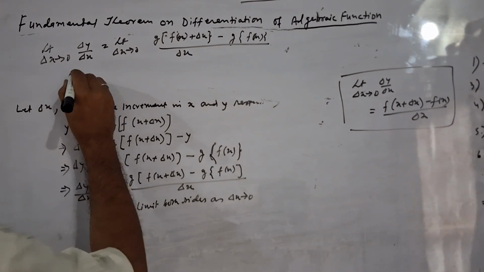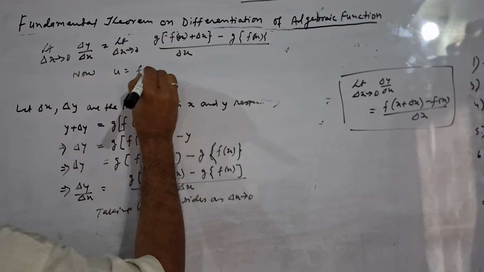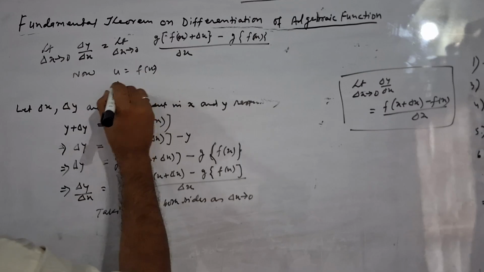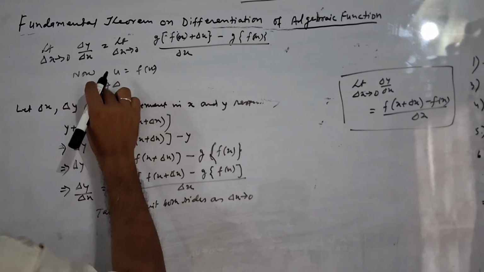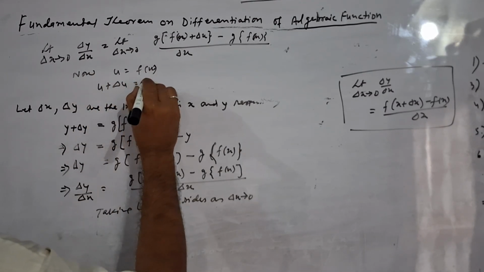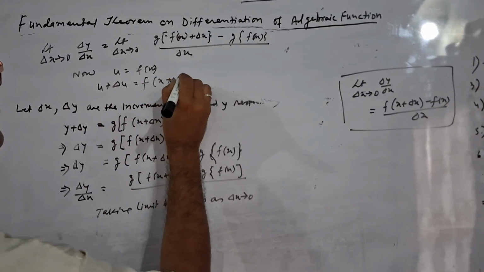Now u equal to f(x), then u plus delta u equal to f(x plus delta x).